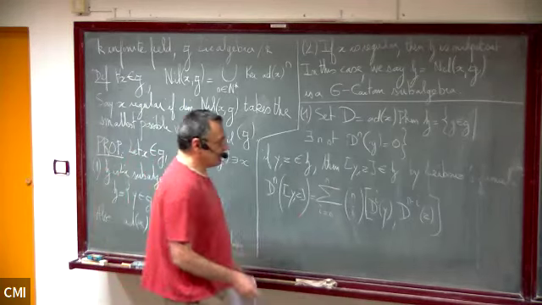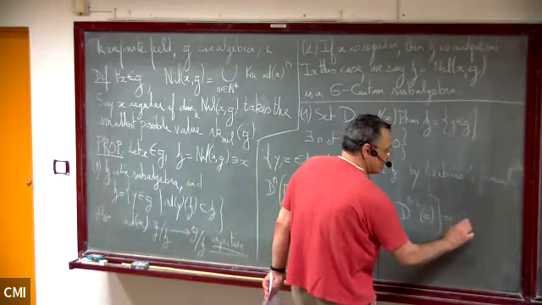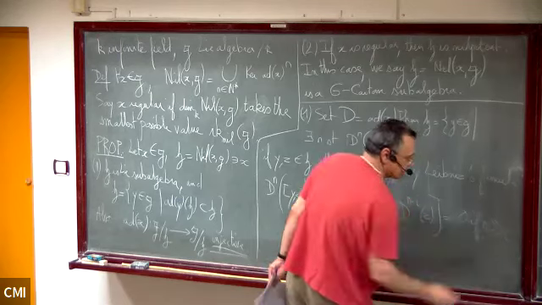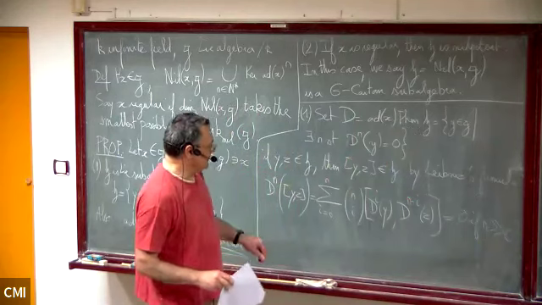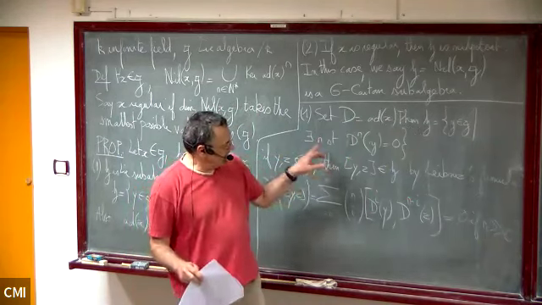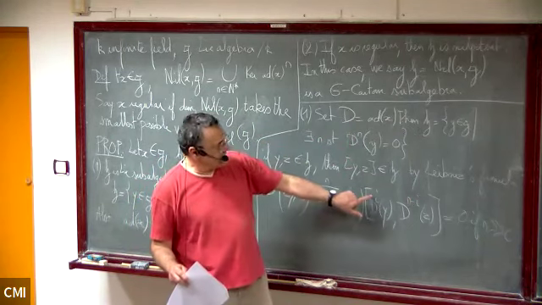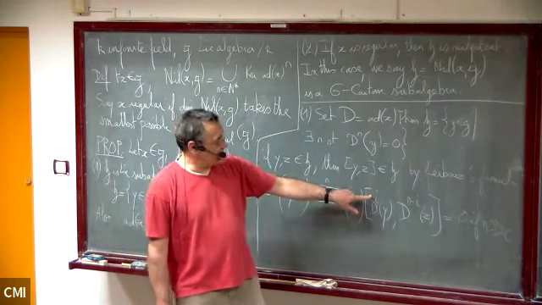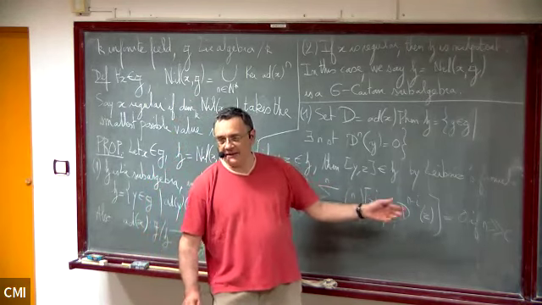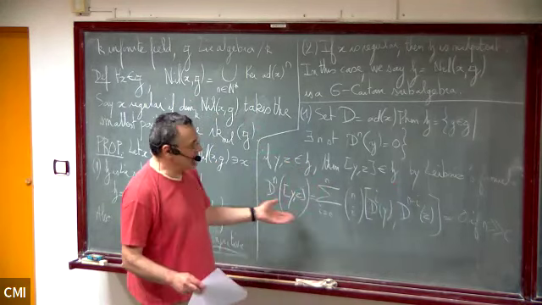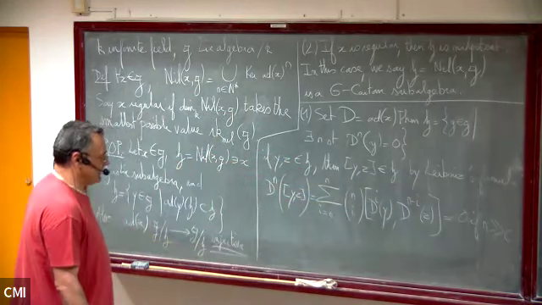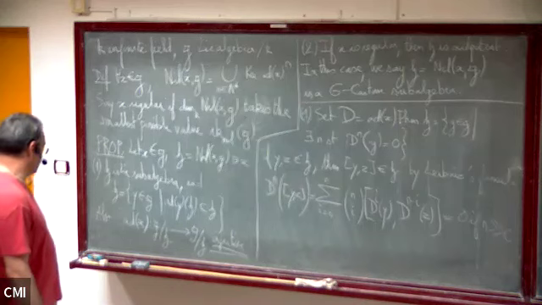And so this is 0 if i is large enough, and this is 0 if n minus i is large enough. And so for n large enough, at least one of the two is 0. So this is truly a Lie subalgebra.